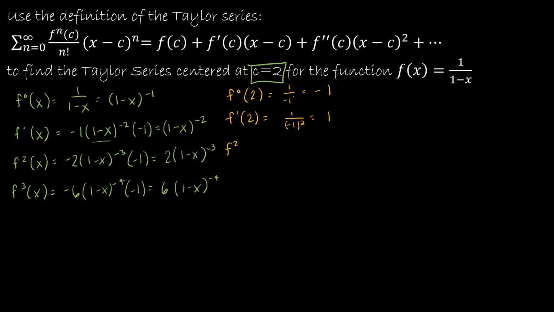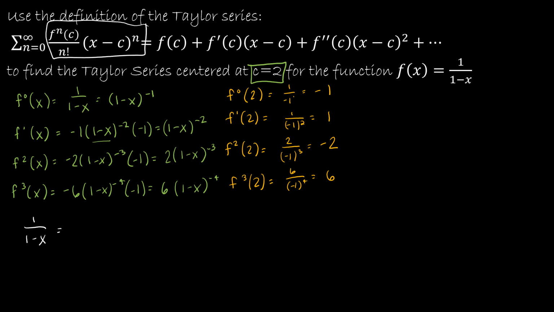The second derivative at 2 would be 2 over negative 1 to the third, which is 2 divided by negative 1, or negative 2. And the third derivative at 2 would be positive 6 over negative 1 to the fourth, which gives me positive 6.